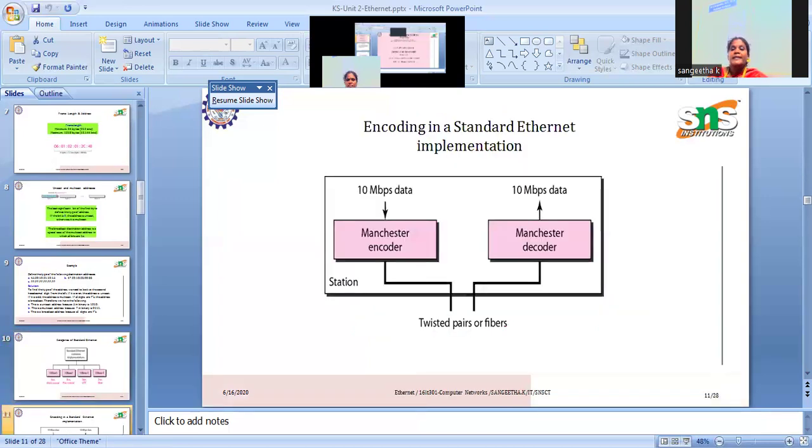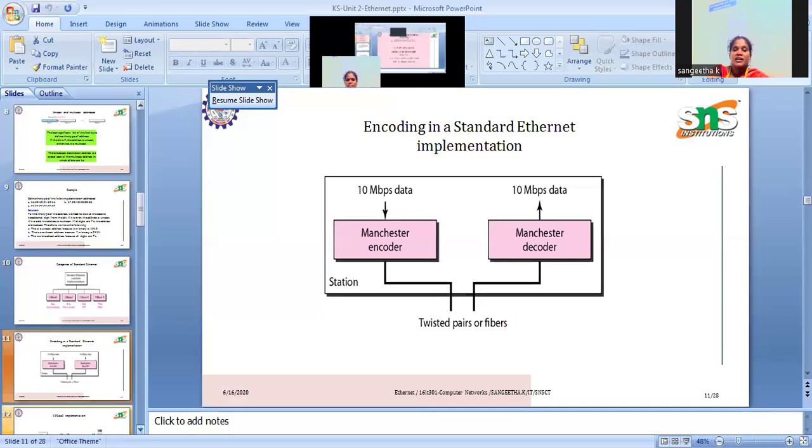Encoding and decoding in Ethernet use Manchester encoding. The twisted pair cables are connected, and the data is encoded and decoded by a Manchester encoder.